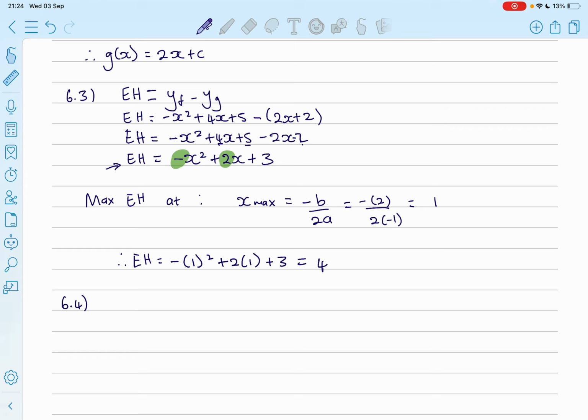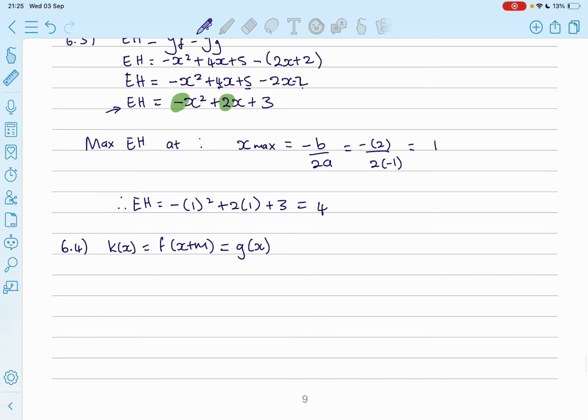So this means that our k of x, which is equal to f of x plus m, will be equal to g of x, since g will be a tangent. So now let's substitute k of x and also g of x.